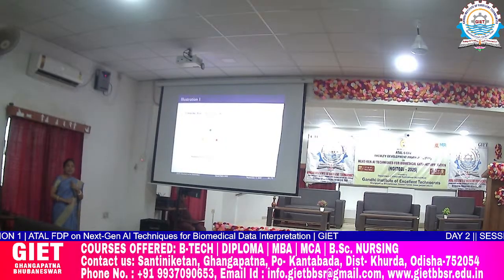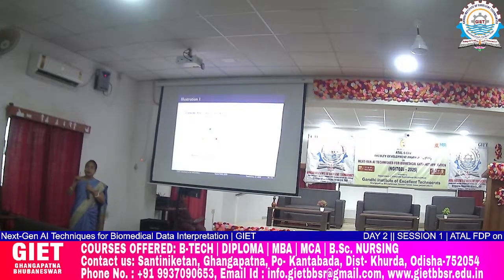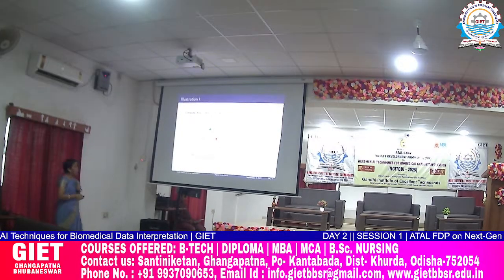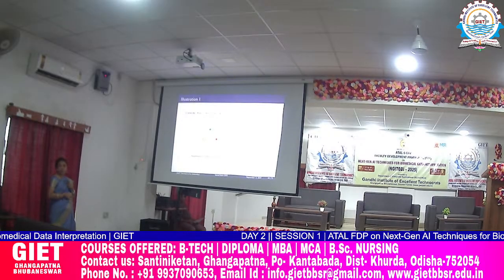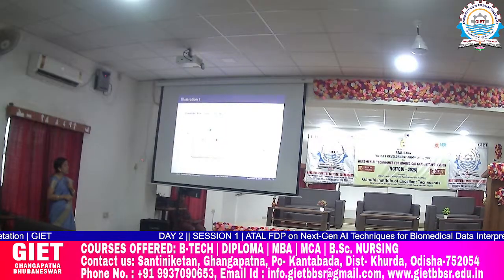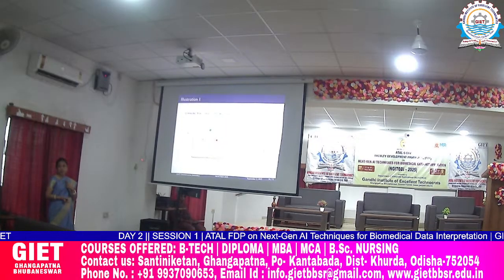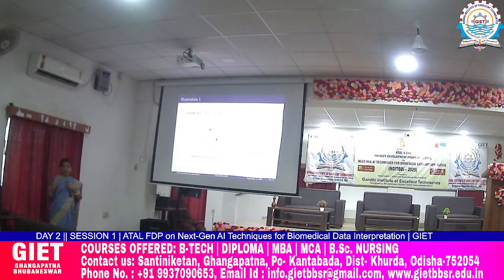What is the second condition? x1 should be strictly better than x2 at least with respect to one objective. So here x1 is strictly better than x2 with respect to the first objective, because it has the minimum level. So I can say x1 dominates x2. Understood? If both the conditions are satisfied, then x1 dominates x2.